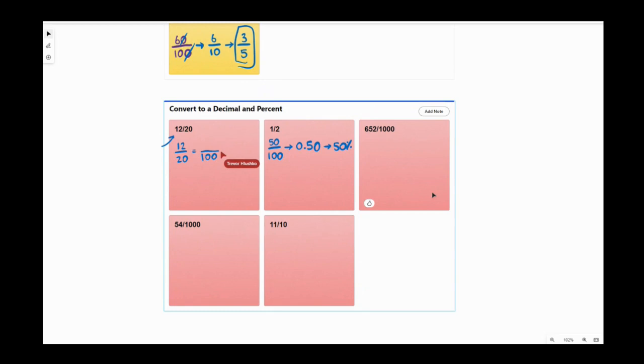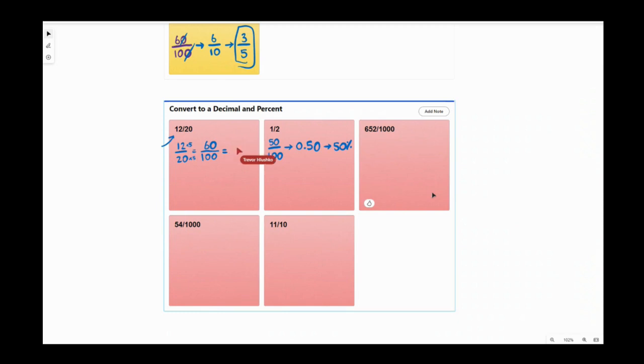To do that, I go, okay, what do I do to 20 to get to 100? Multiply it by 5. And if I do something to the bottom of a fraction, I also do it to the top, which means then 20 times 5 is 100. 12 times 5 is going to give me 60.